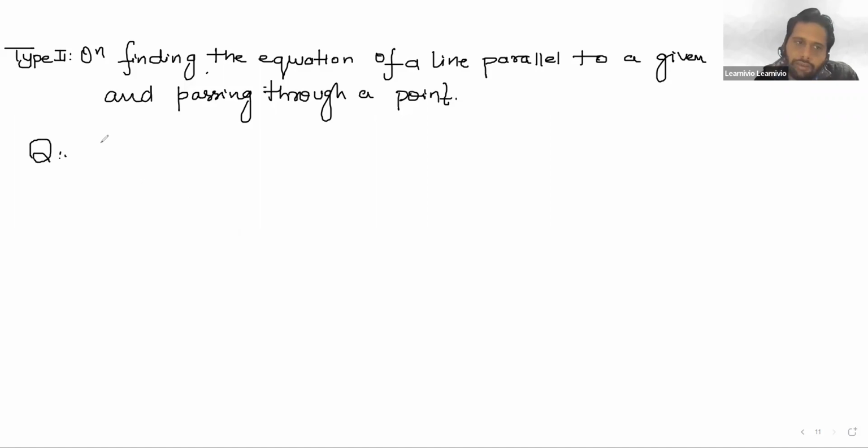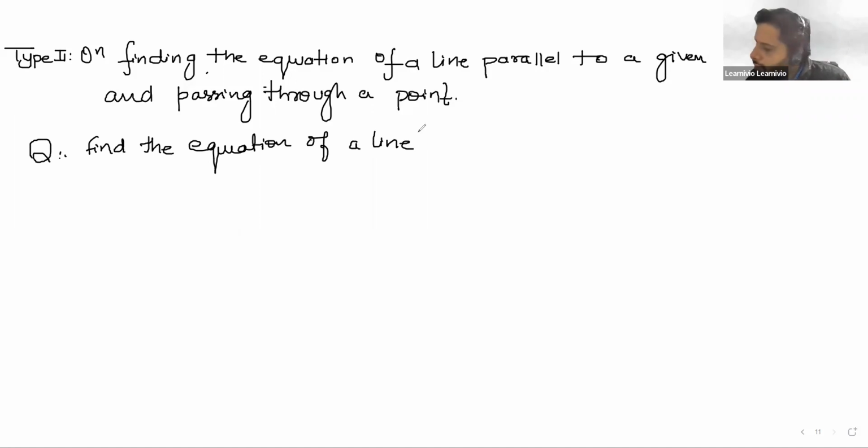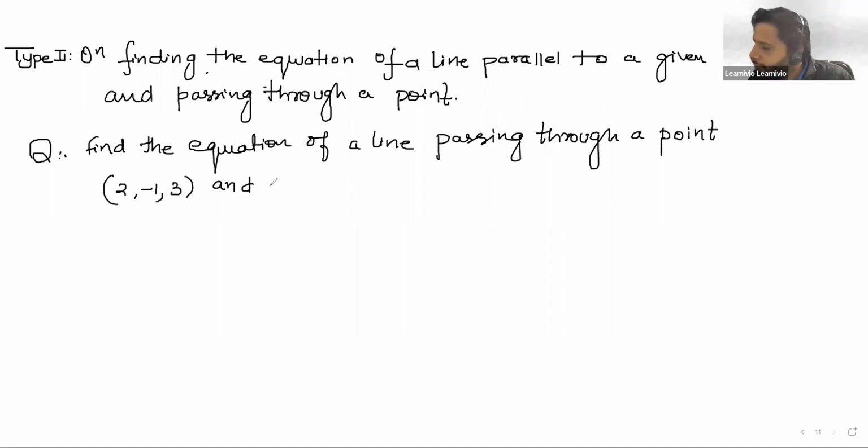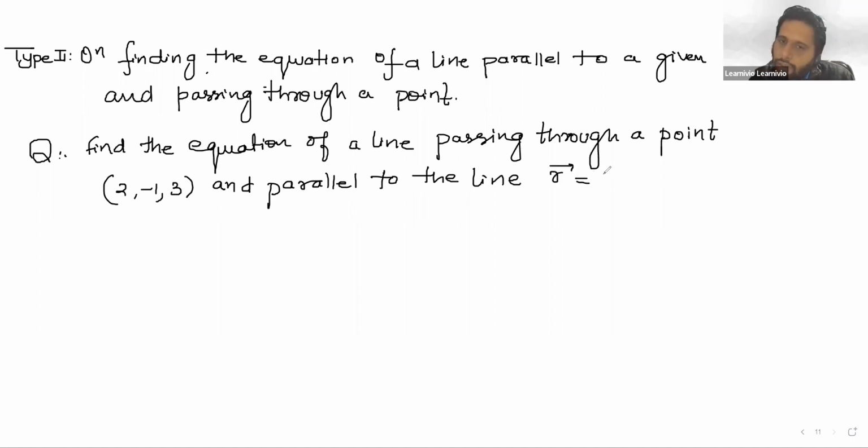Question is, find the equation of a line passing through the point (2, -1, 3) and parallel to the line r is equal to i cap plus j cap plus lambda times (2i cap plus j cap minus 2k cap).